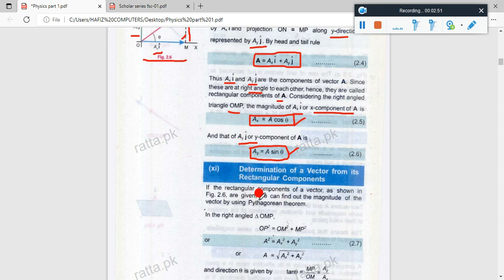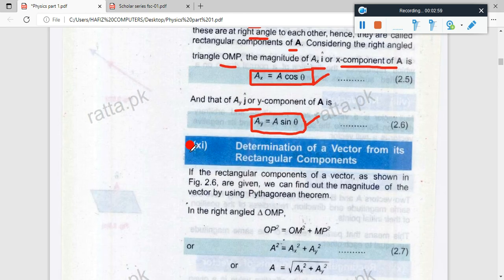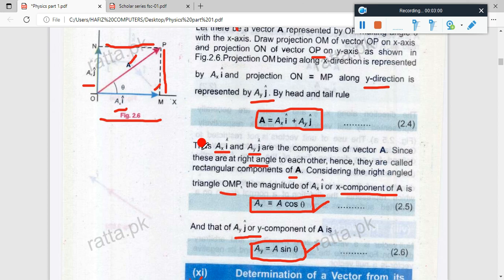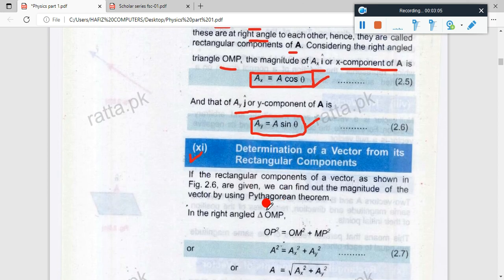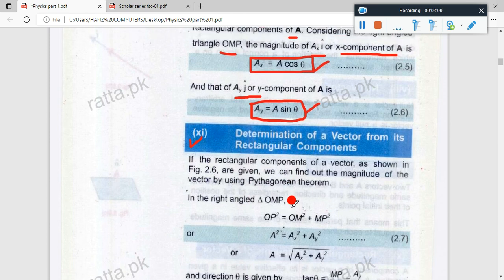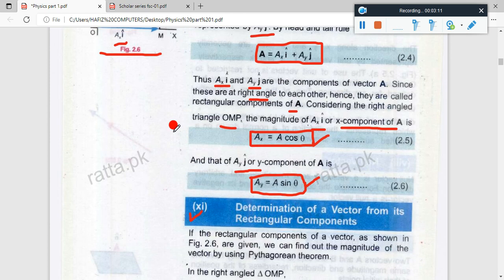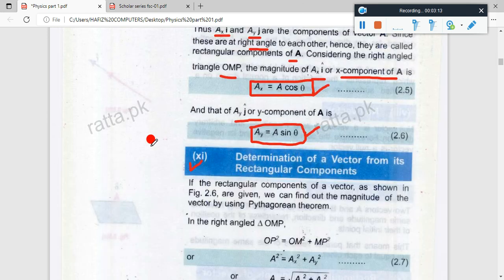Now we will see how to determine a vector from its rectangular components. If the rectangular components of a vector are shown in figure 2.6, this is the figure we will again use. We can find the magnitude of a vector by Pythagoras theorem. So how to find the magnitude? This is a right angle triangle OMP.